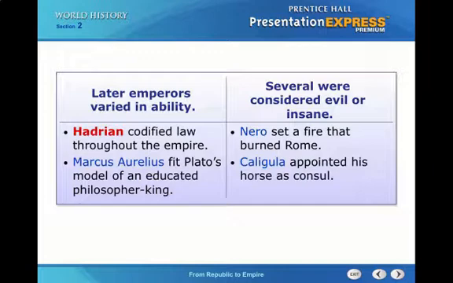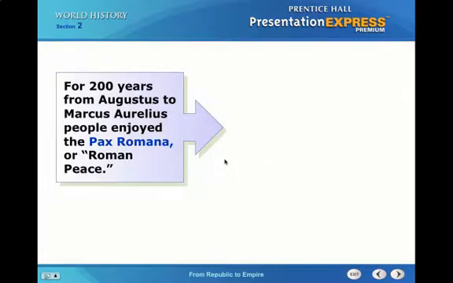The real problem here is that after Augustus, there's no method for picking who's going to be the next leader. There's no method of succession. It's not based on heredity. It's not based on merit. It's not based on elections. It's really whoever can gain control. And that's just no method for running a government.